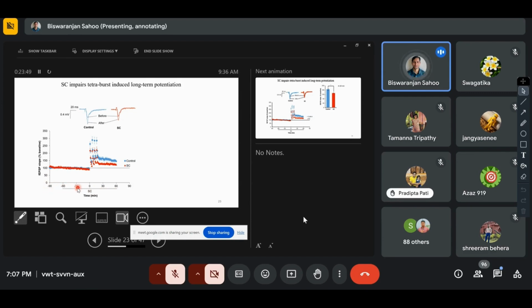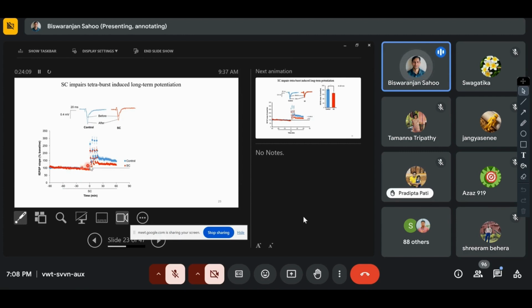Then for the next hour we incubated with 1 millimolar sodium chlorate. After the zero point, we started stimulating with the LTP protocol, the theta burst I explained in the last slide, stimulating the fibers.